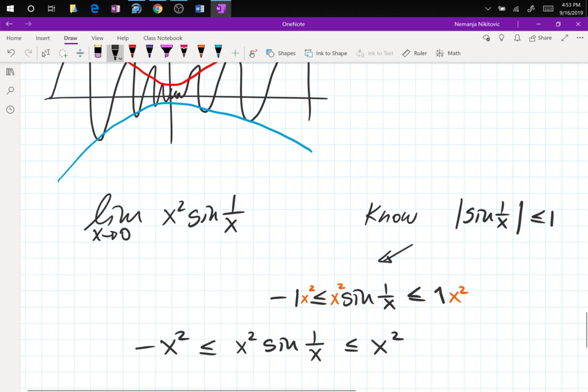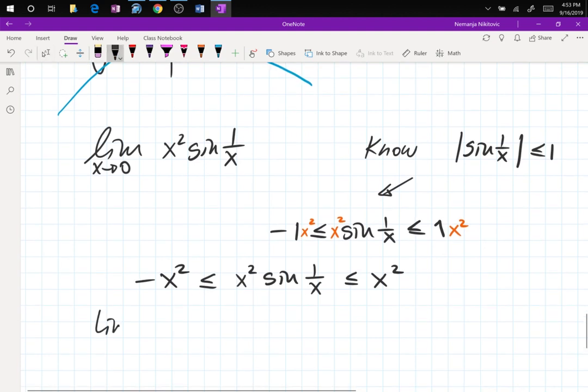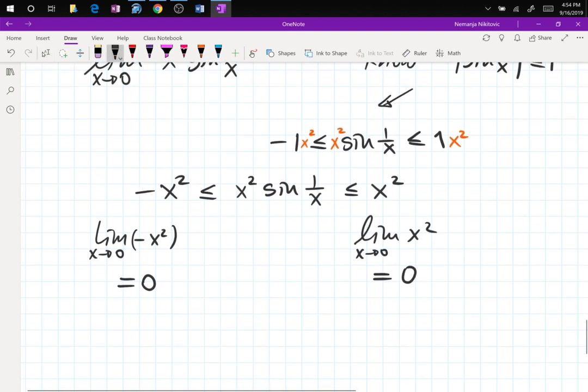Oh, this is really cool. Because now, if you take a look at the limit of negative x squared as x goes to 0, you are going to get 0. And when you take a look at the limit of x squared as x goes to 0, you're also going to get 0. So what's going to happen with something that is squeezed in between? It has to be 0, because the only value that you can squeeze between 0 and 0 is another 0. You can't put 10, right?